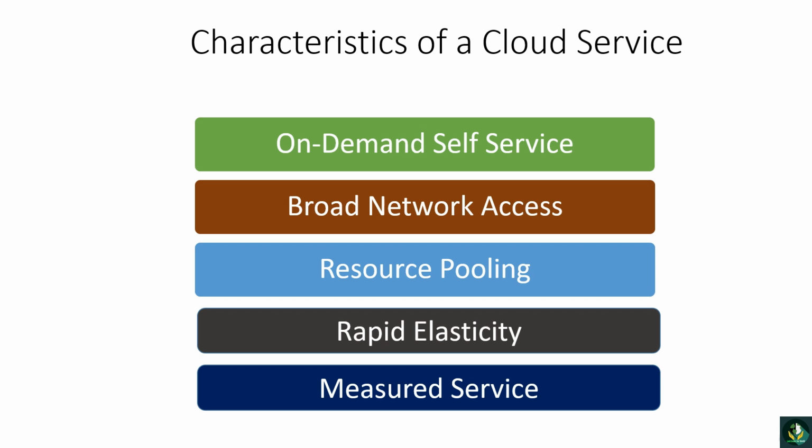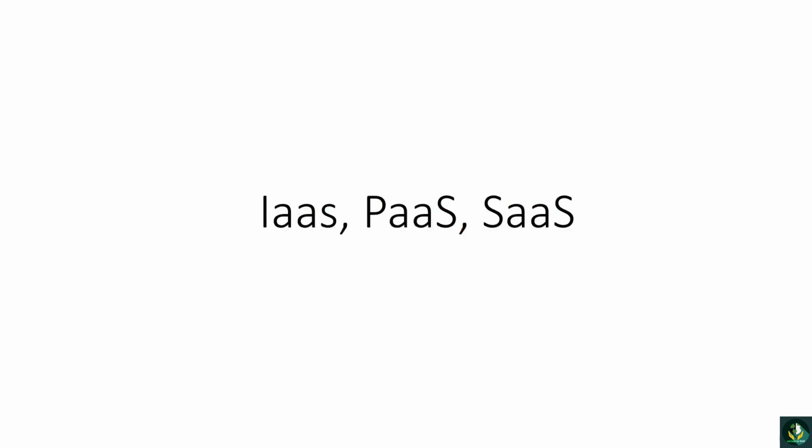So the next thing we'll look at is extremely important to understand: infrastructure, platform and software as a service. You very often see these three definitions of a cloud service: IaaS, PaaS and SaaS, infrastructure, platform and software as a service, and I want to define each one of these three.